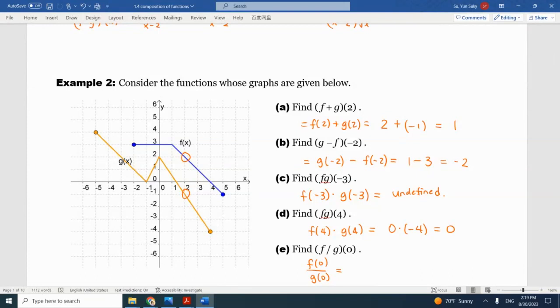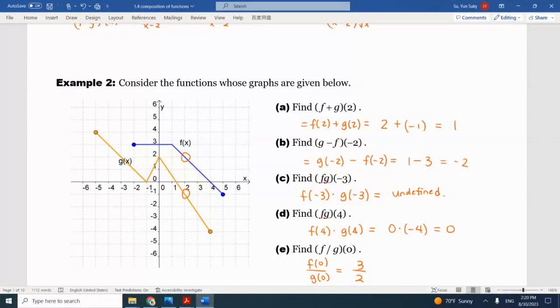Okay, next. I'm learning your names. Natalie. What is f of 0? So, 0 here. What's f of 0? 3. And what is g of 0? 2. Okay. So 3 over 2.